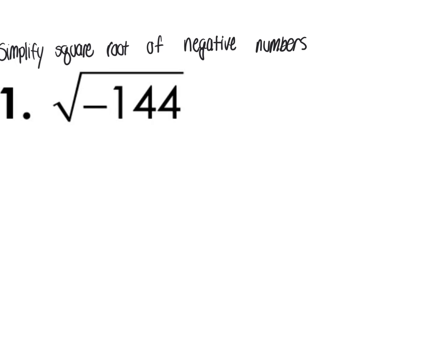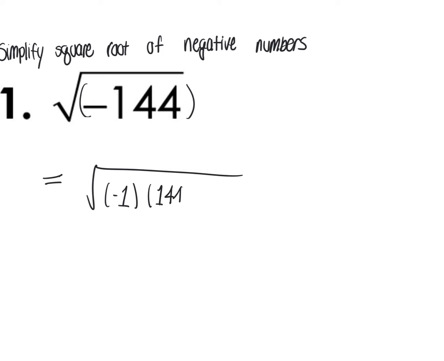So this is really the same thing as, I'm going to write it in parentheses, -1 times 144, positive 144. So we're going to rewrite this as the square root of -1 times the square root of 144.